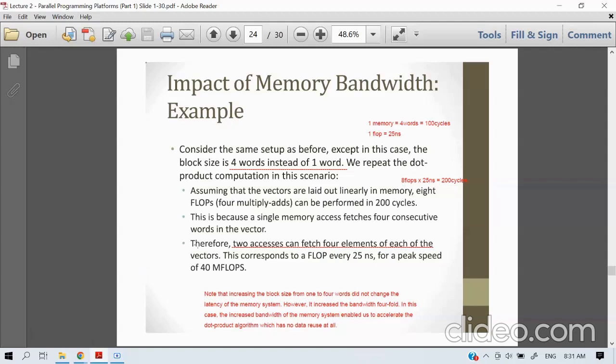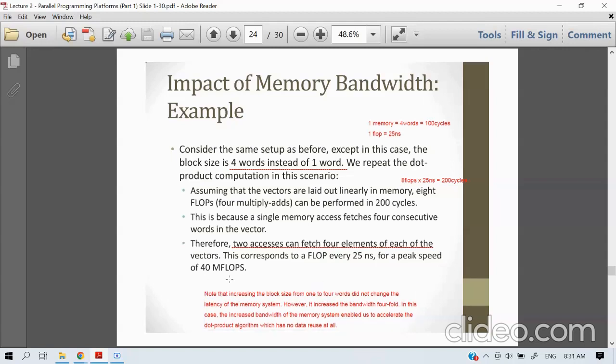This is because a single memory access fetches 4 consecutive words in the vector. Therefore, 2 accesses can fetch 4 elements of each of the vectors. These correspond to a flop every 25 nanoseconds, for a peak speed of 40 MFLOPS.